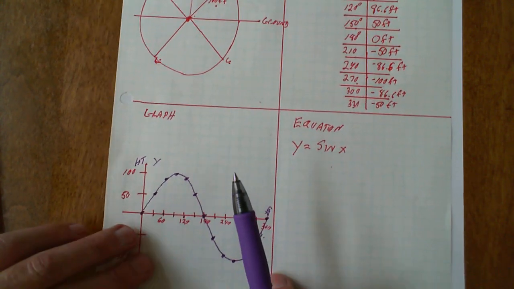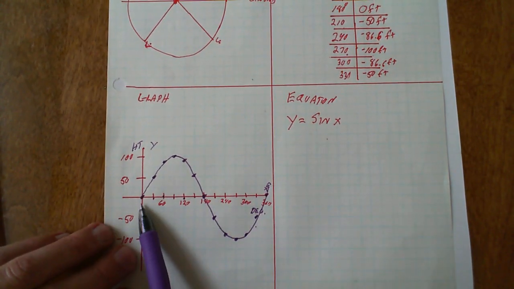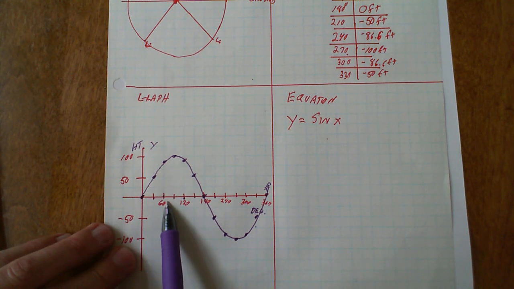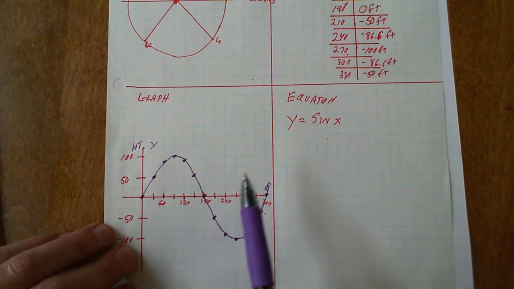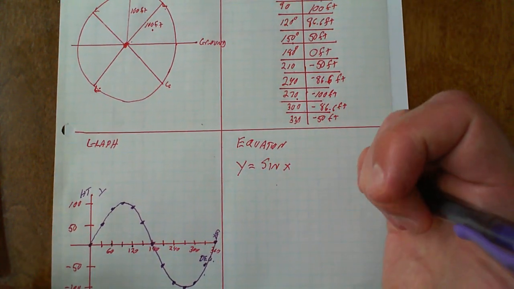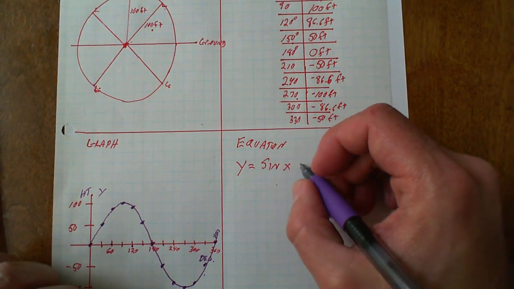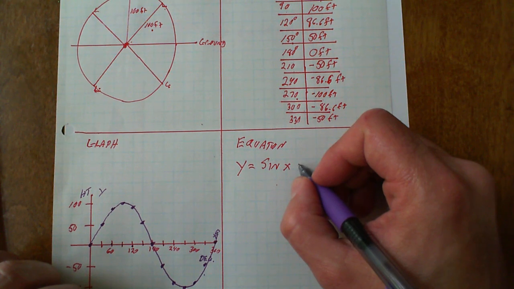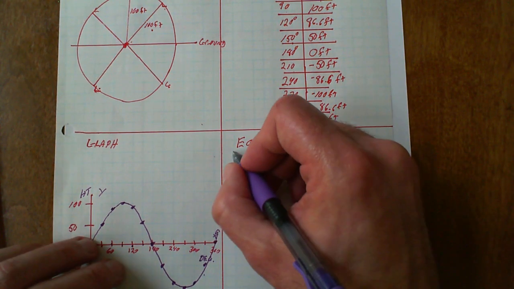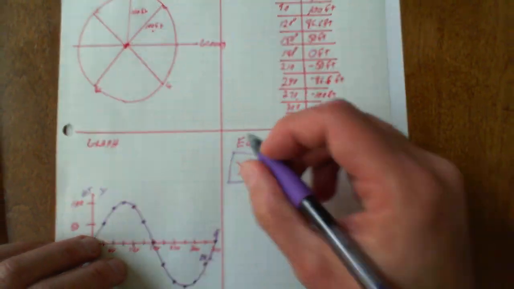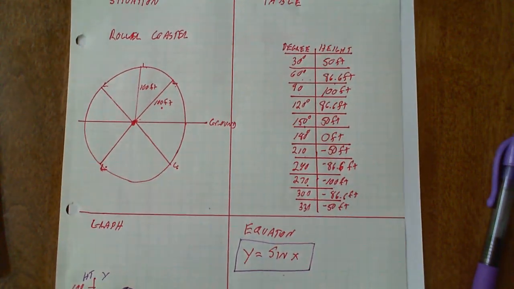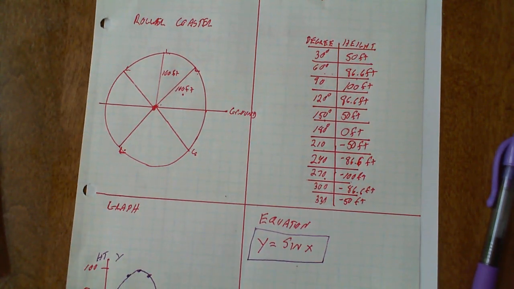And then finally, we have the graph where we can represent the height based on our degrees. And then finally our equation, which is going to be y equals sine x. And this will actually be times 100, but we'll just leave it at this because that'll be our function. And that is how you graph sine.